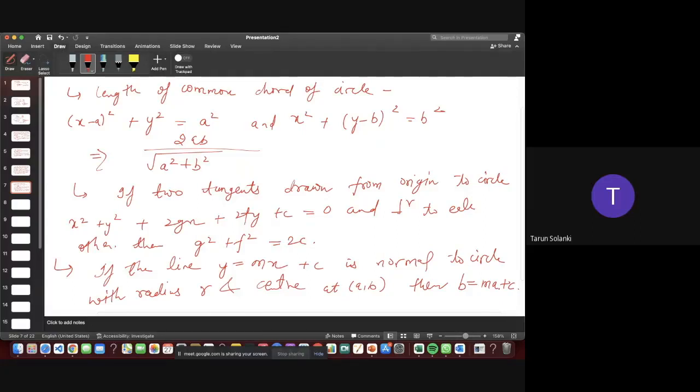That means if the line y is equal to mx plus c is normal to the circle of radius r with center at (a, b), the equation is b is equal to ma plus c.